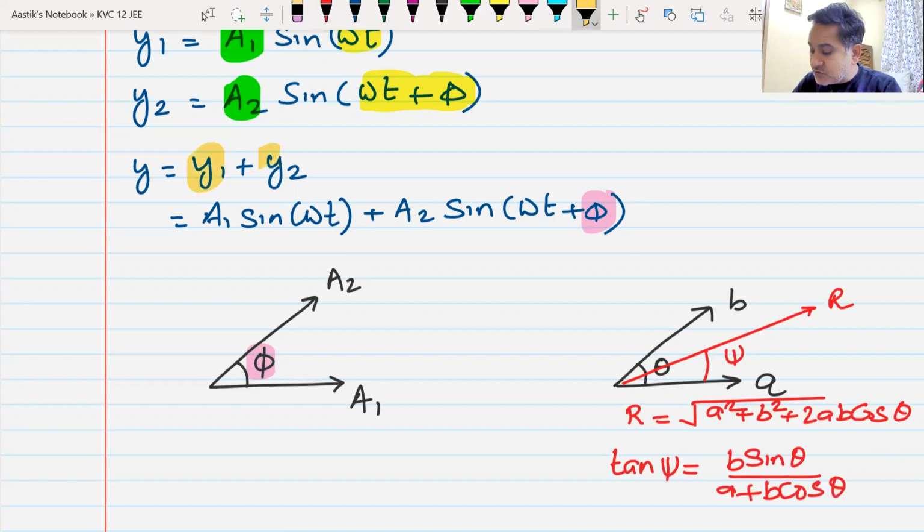Here also, I have to do the same thing. I have to add these two, and they are now looking like vectors. They are actually not vectors, but they are looking like vectors. If I say that the resultant amplitude is A and it is inclined at an angle xi, without me telling you the answer, can you tell me what will be the value of this A?